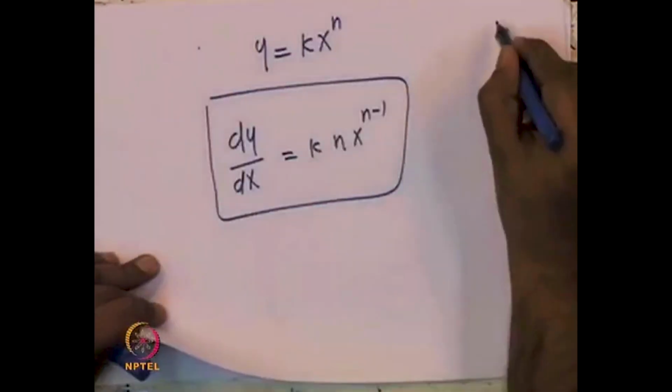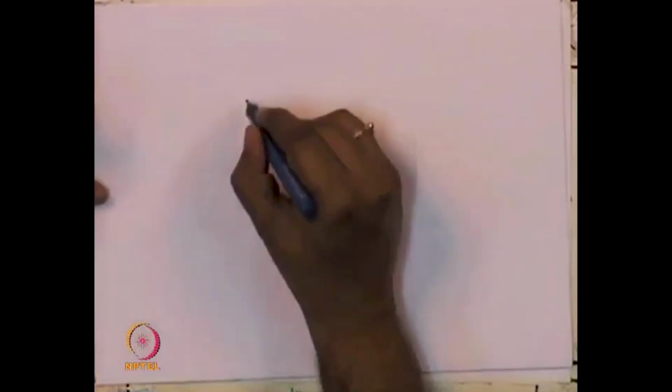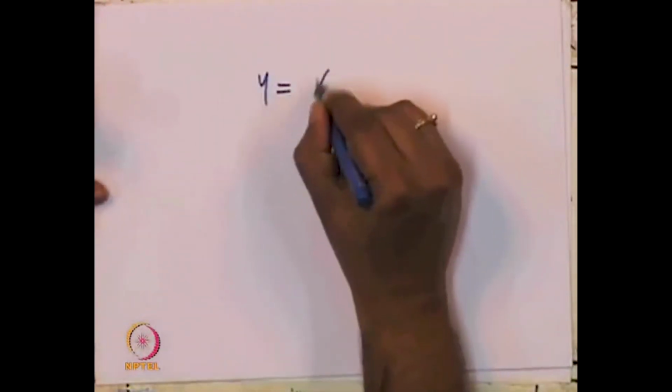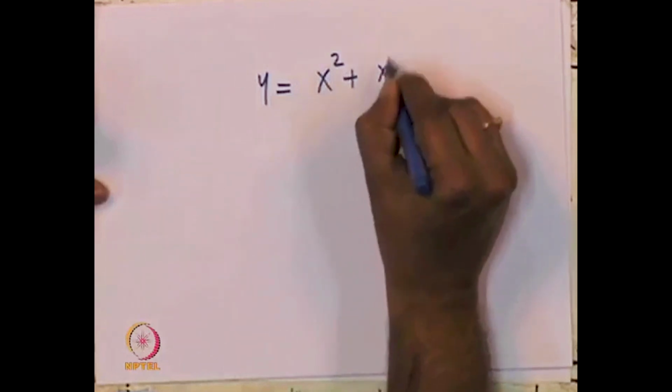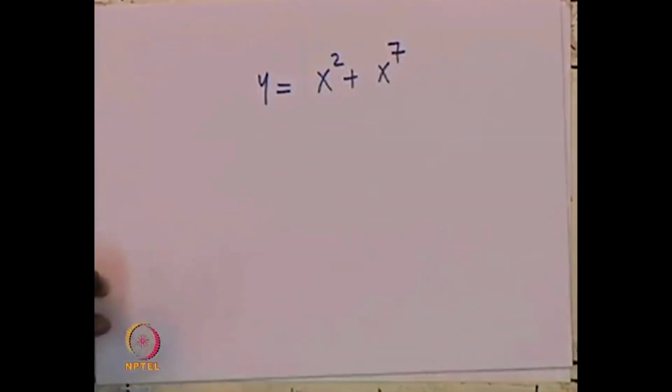Now, let us look at some other simple functions, like what happens if y is the sum of two functions, x square plus x power 7. Because we learned many functions are combinations of x, x square, x cube, x power, everything.